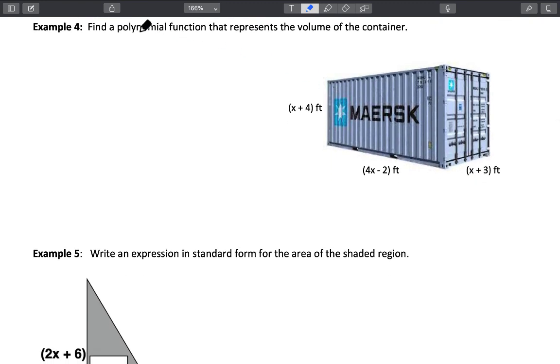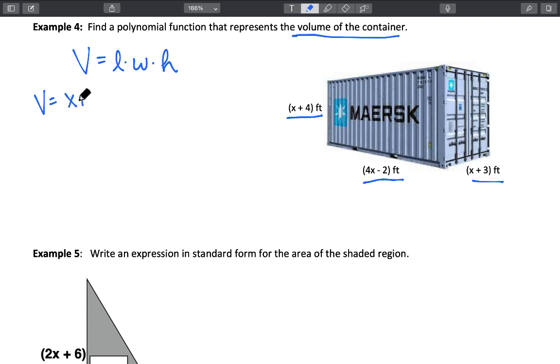Let's do another example of finding a polynomial function that represents the volume of the container. Well, volume, remember, is length times width times height. So I have polynomial expressions for all three of those measurements, length, width, and height, and I simply need to multiply those together.